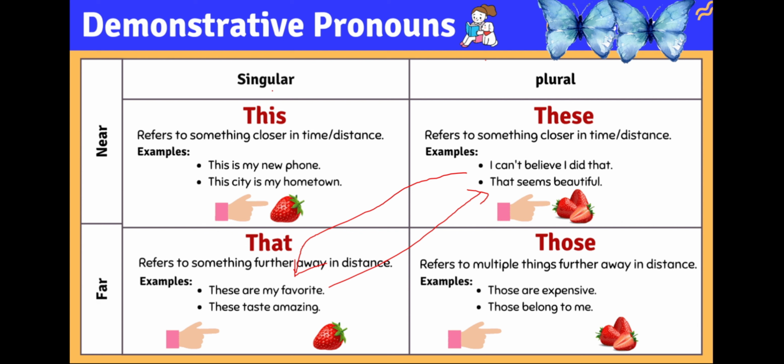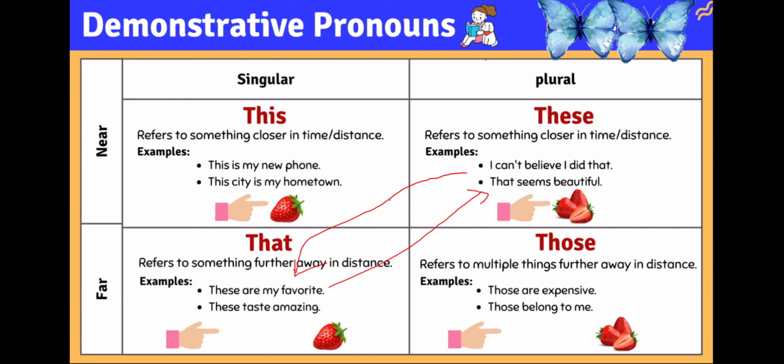Now we have "This is my phone." "This city is my hometown." And for "that" we have "I can't believe I did that." "That seems beautiful." So you see there is a little interchange, because "that" is supposed to be singular far and not plural, but the examples were exchanged.